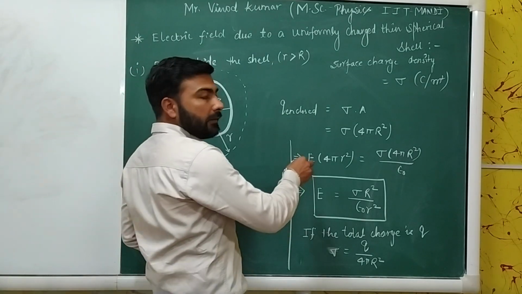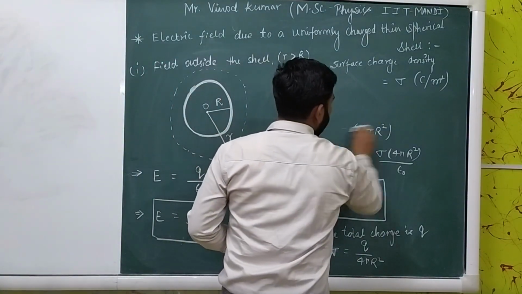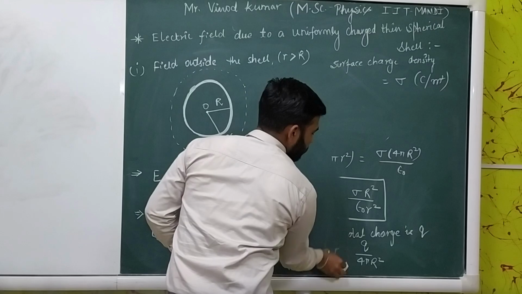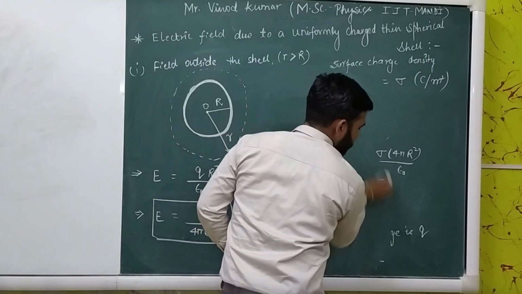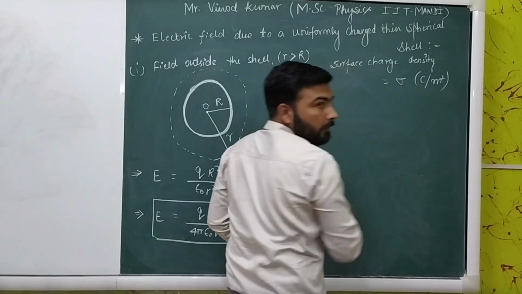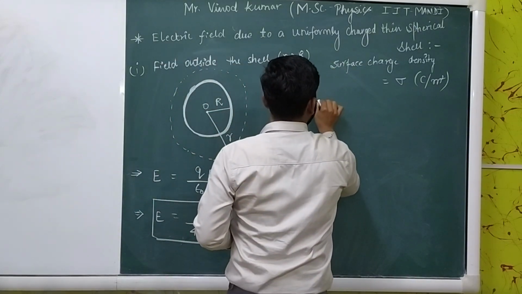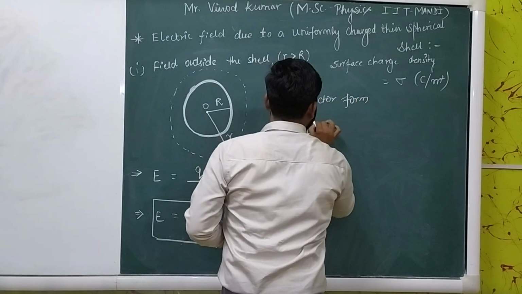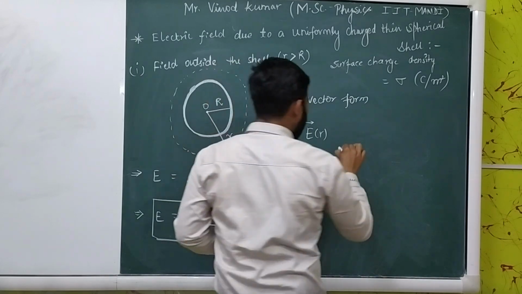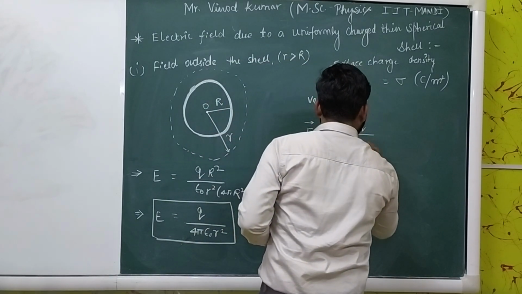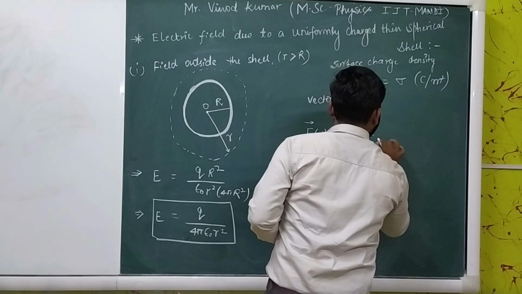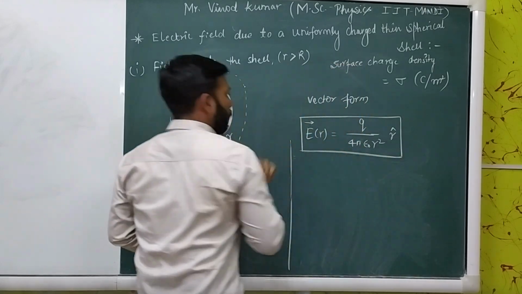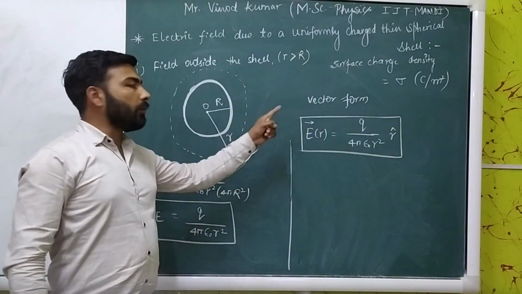Now, if we want to write it in vector form, it can be written as E vector R equals Q upon 4 pi epsilon naught R square into R cap, where R cap is the direction radially outward.